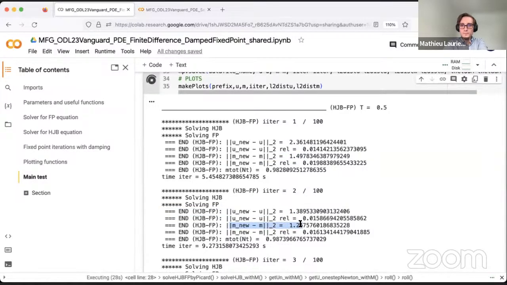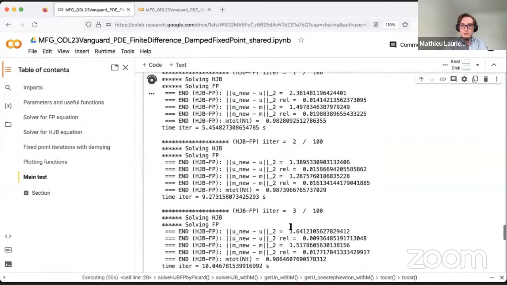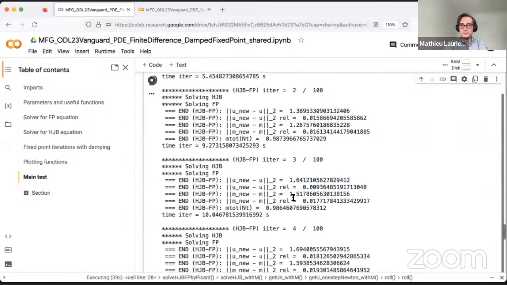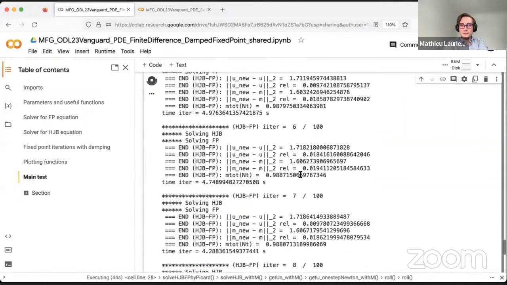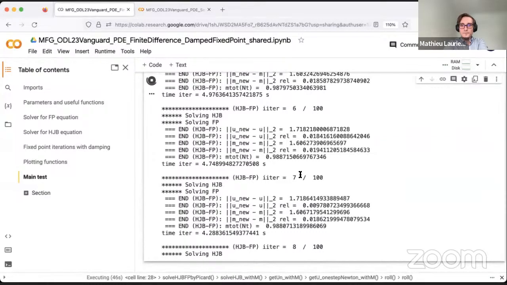So it's good. But now you see that the difference between two iterates of U increases compared with the previous one. So that's not very good. Now it's still increasing, so it's still not very good. So it doesn't look like it's going to converge.